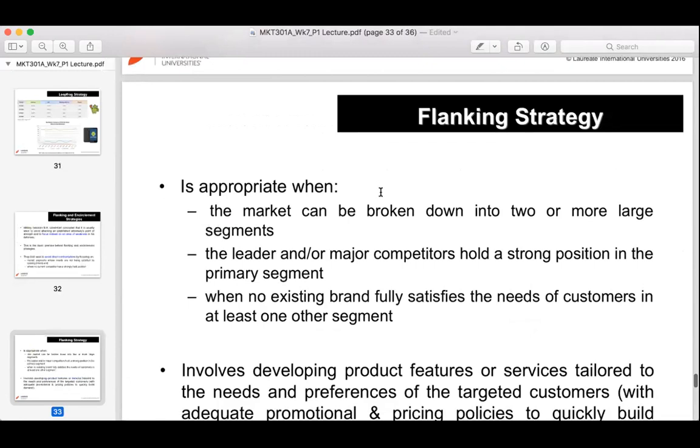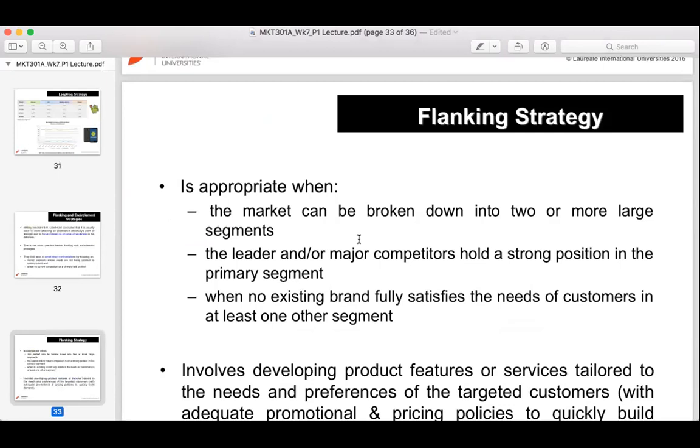Flanking strategy is appropriate when the market can be broken down into 2 or more large segments. Why large? Because we need to ensure that it is sufficient for us to sustain. The leader or major competitors hold a strong position in the primary segment, and we still find something that the customers are looking for, and these market leaders have not fulfilled that.